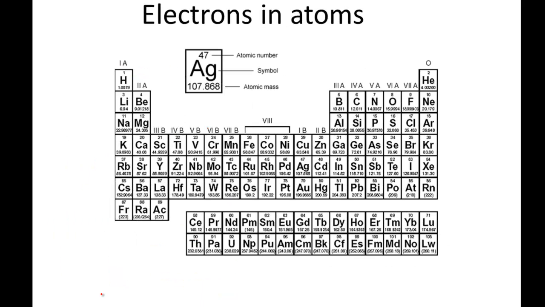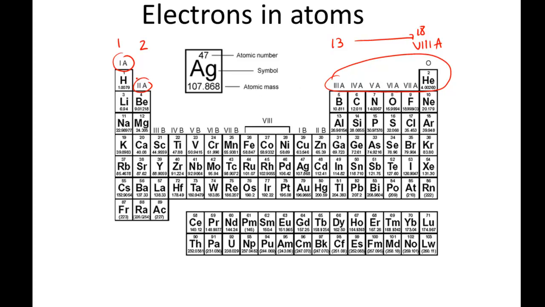Now, it's going to be important to be able to use the periodic chart. And we're going to be looking at the A groups in the periodic chart, 1A, 2A, and then 3A through, I'm going to be calling this 8A. In some other periodic charts, you will see them start with group 1, 2, and this will be 13 through 18.